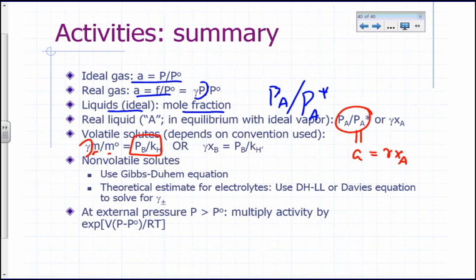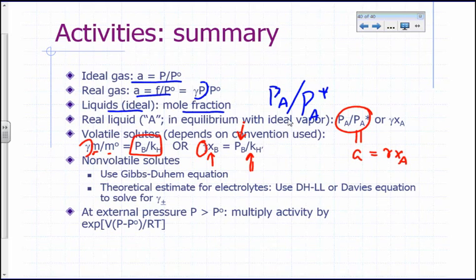Okay, same thing if you use mole fraction, that would be your activity if it's ideal dilute, and you can determine that by measuring the partial pressure of the solute in the vapor over the Henry's law constant, and if it's not ideal, you'll have to multiply that by the activity coefficient.